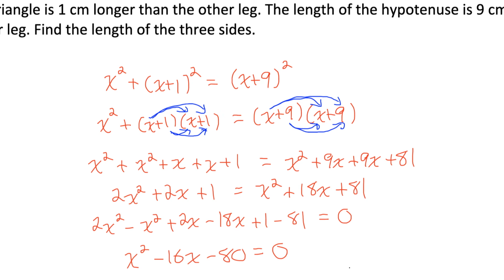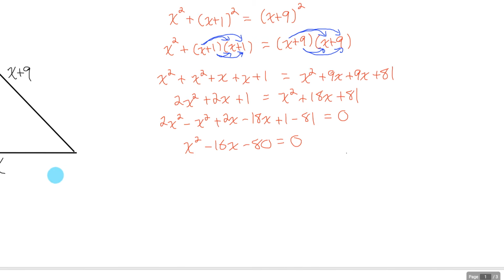I now have my quadratic set to 0. I now need to solve this. We could use quadratic formula, but notice this is a quadratic where the a value is 1. We could factor it by finding numbers that multiply to the c value, negative 80, and add to the b value, negative 16. The numbers that satisfy that product and sum are negative 20 and 4. So this would factor to (x minus 20) times (x plus 4).